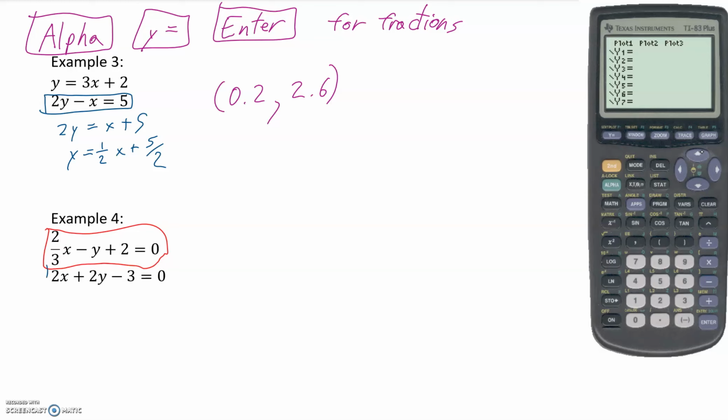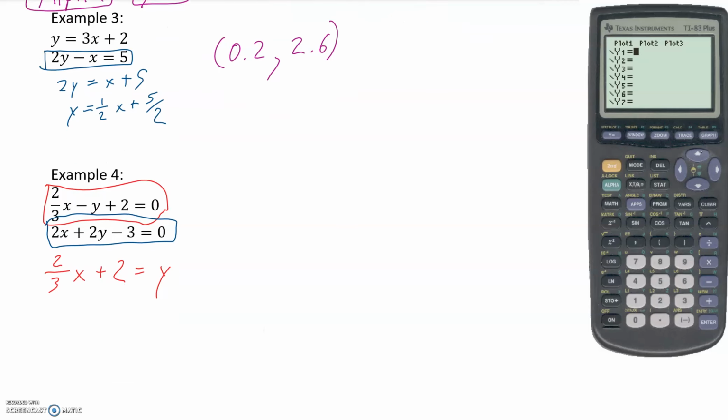And we're going to rearrange that. And once we have both rearranged, then we can plug it in our calculator. So the first one is relatively easy because we just have to move the y over. So it's 2 over 3x plus 2. And then we add y to both sides, and it just straight up moves over, and it's relatively easy because we don't have to divide by anything.